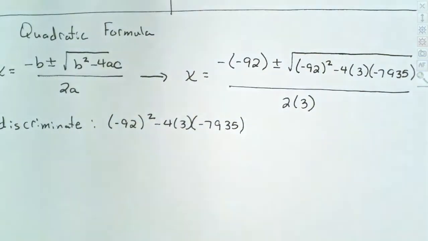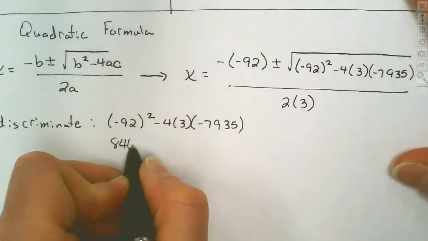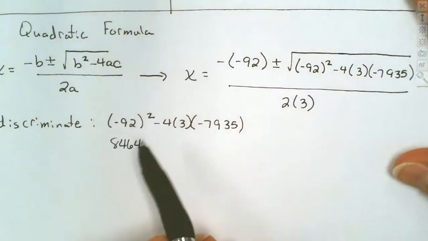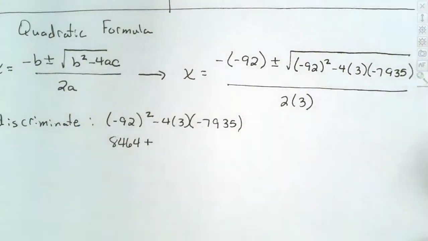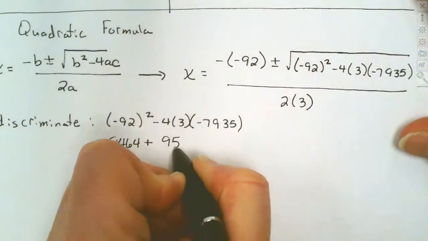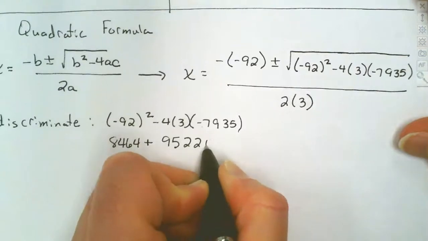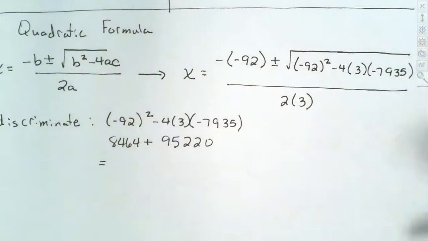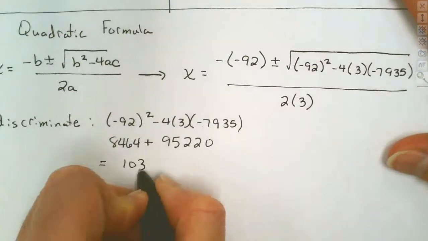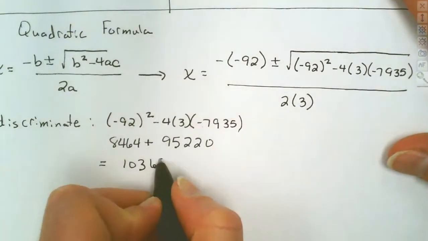When we square that negative 92, it makes it then a positive. So that's 8464. Double negative makes that positive as well. And we multiply, so we've got 4 times 3 times that 7935. And that gives us then 95,220. And we can put those together. And that gives us then 103,684.